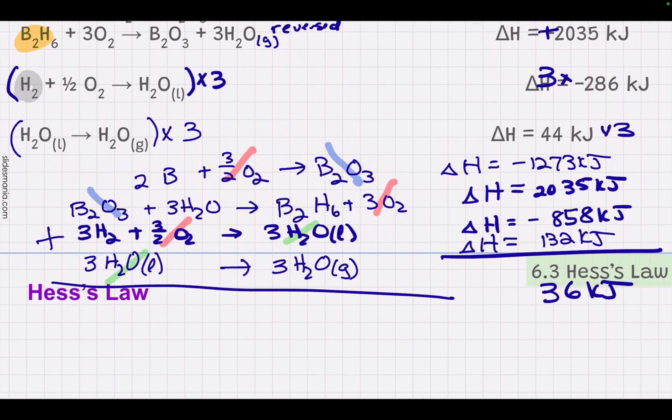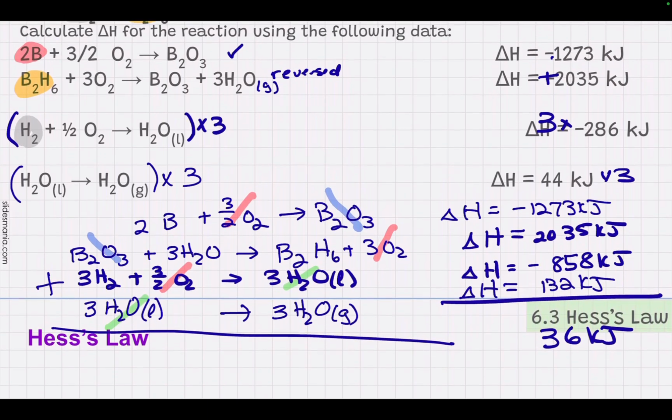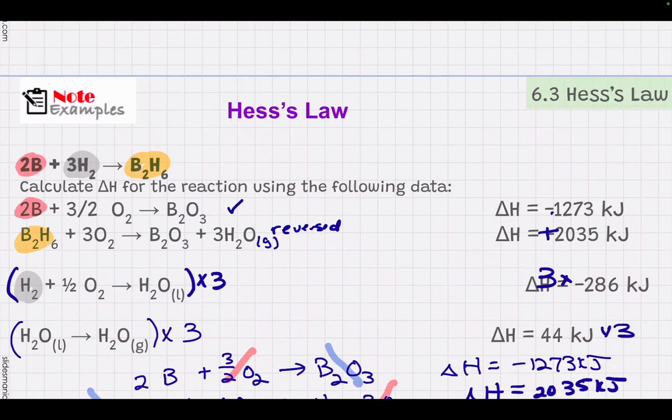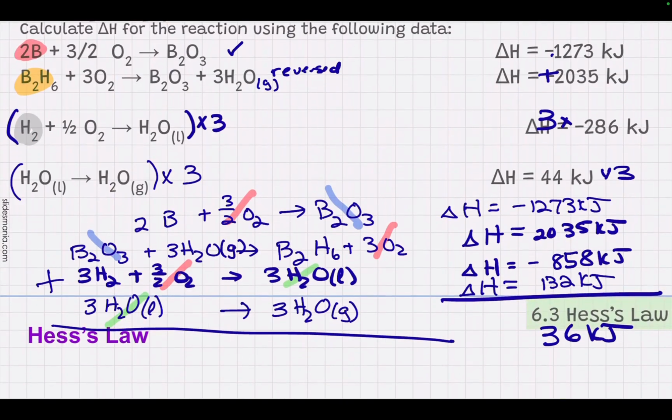And then, I didn't put the state of matter. That's the gas. So the gaseous water will also cancel.